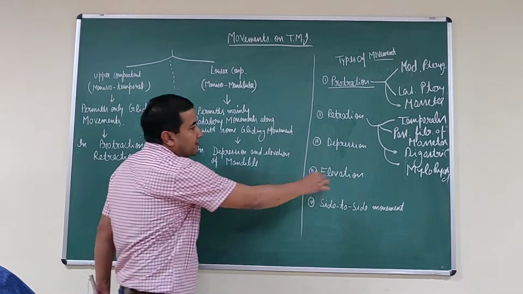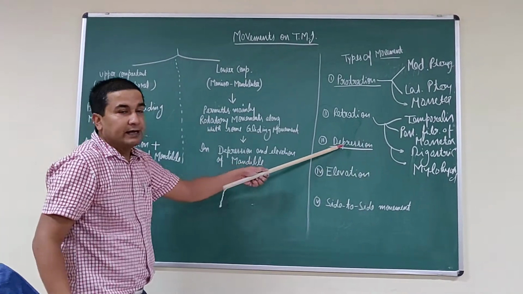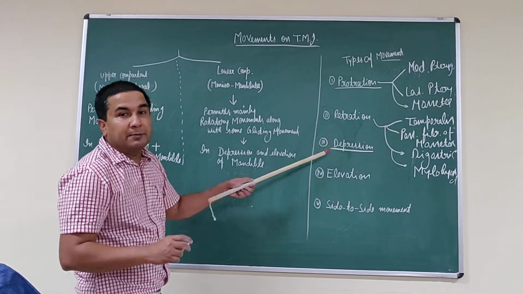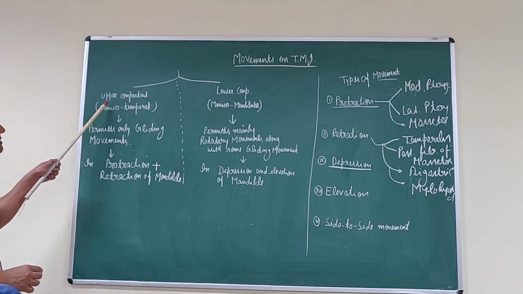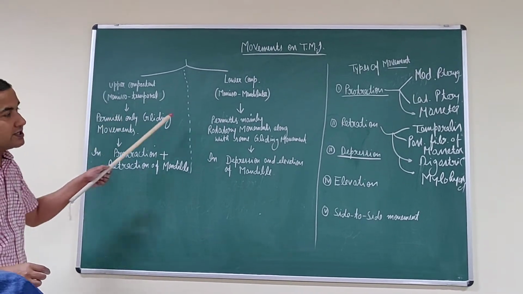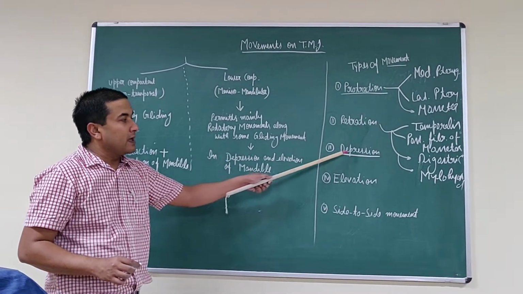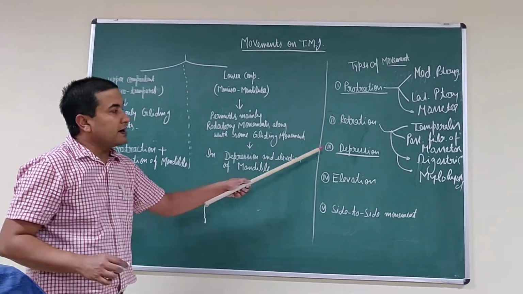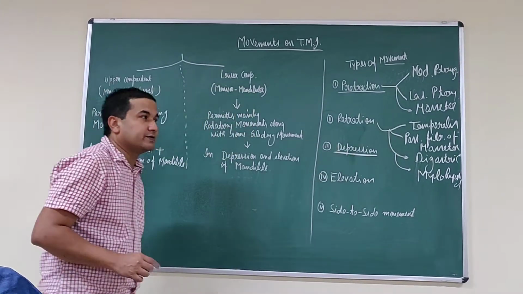Now the depression of the mandible. The next movement is the depression. Depression is to open the mouth, and this depression movement occurs on both compartments, meaning first the gliding and then the rotatory movements. It is a complex movement which occurs on both compartments, and this depression allows the opening of the mouth.